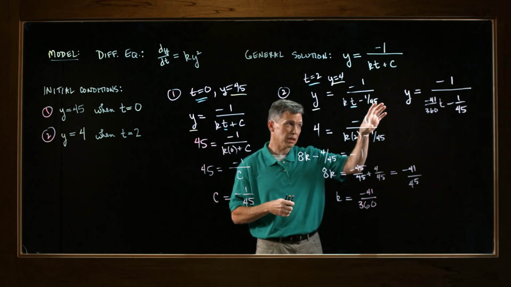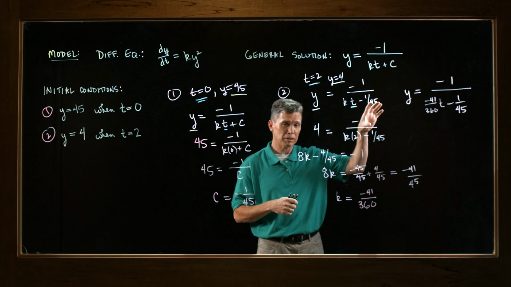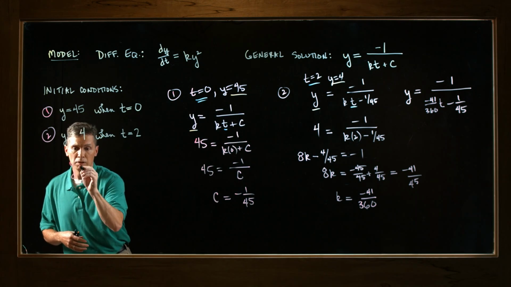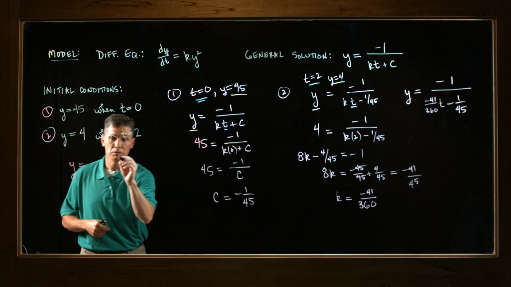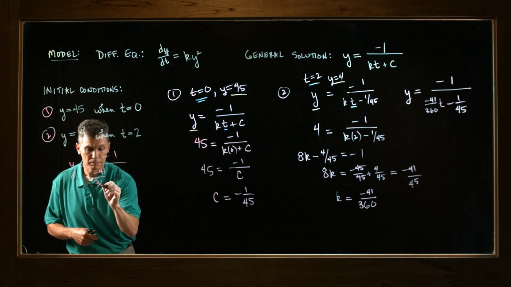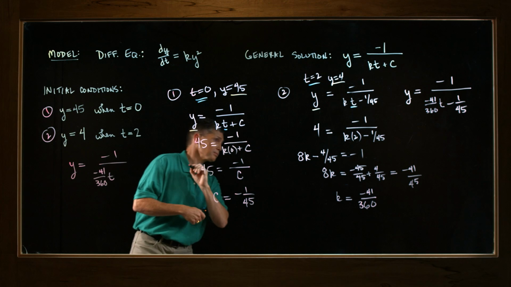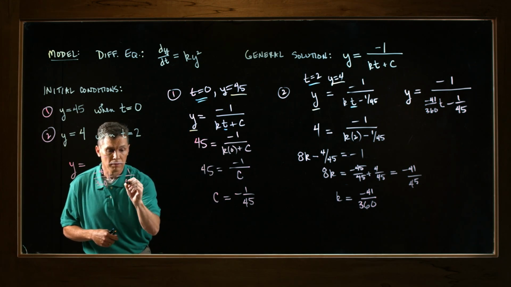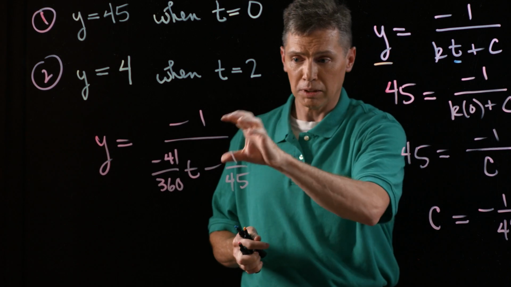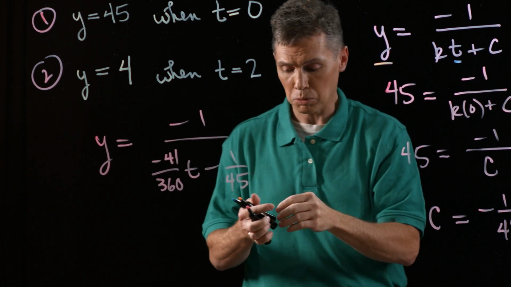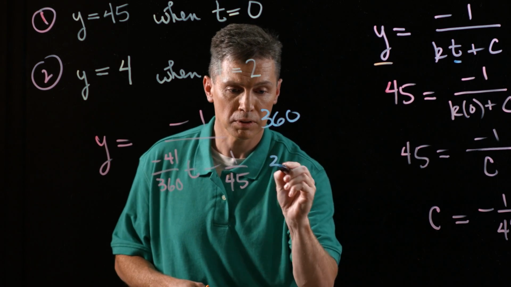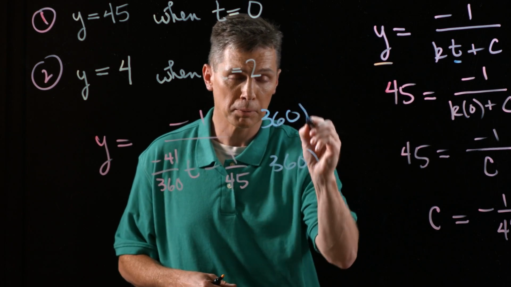So it's a little bit sloppy to put it into the utility like that. So let me come over here and just take a quick algebraic step to clean it up. I'm going to rewrite it exactly as it is over there. Okay, and the one quick algebraic step here then is to clear the fraction of fractions, we'll multiply by the LCD, which is 360 in this case, both top and bottom.